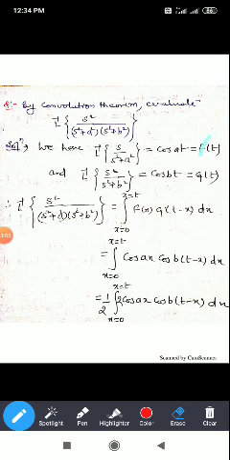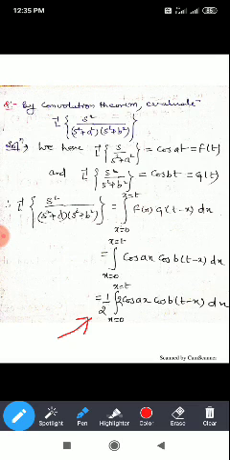Taking the constant term common, this equals 1 by 2 times the integral from 0 to t of 2 cos ax cos b(t minus x) dx.